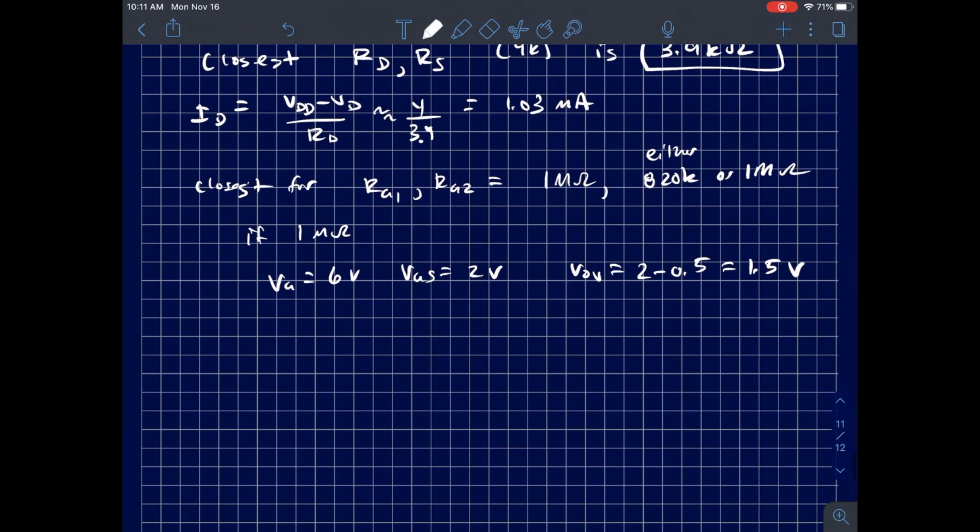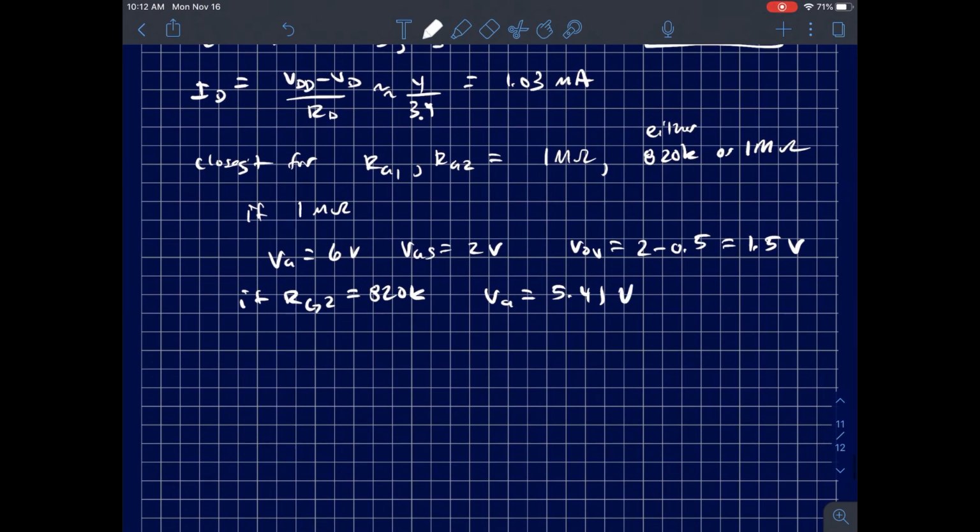If RG2 is 820k, then VG would be equal to 5.41 volts, and V gate to source is equal to 1.41 volts, and so V overdrive is going to equal 1.41 minus 0.5, which is 0.91 volts.